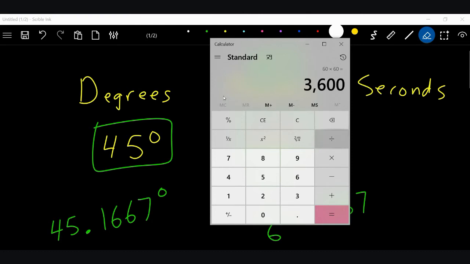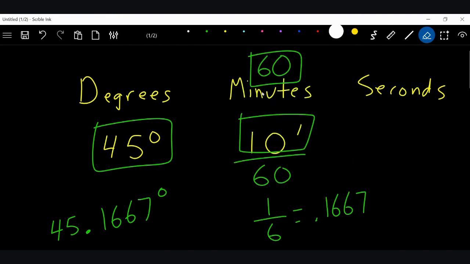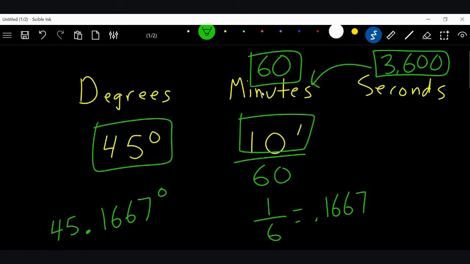That's our new denominator. It's 60 parts of a minute, which is 60 parts of a degree. So 60 times 60 gives us our 3,600.